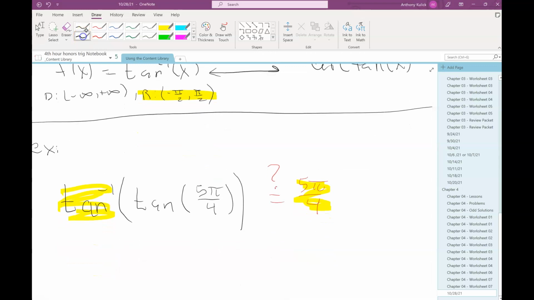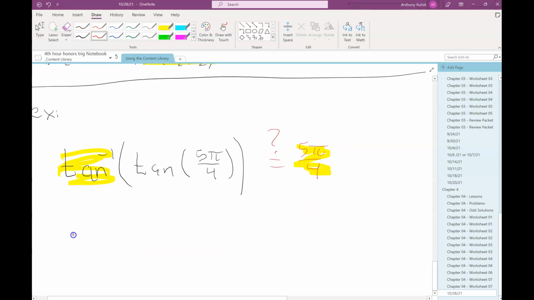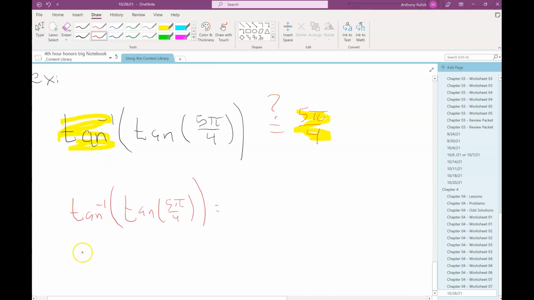So how would you want to do this then? Well, tan inverse of tan 5 pi over 4. I'm just going to go to my unit circle and evaluate 5 pi over 4. So tan of 5 pi over 4 is 1 on my unit circle. So really I'm doing tan inverse of 1.